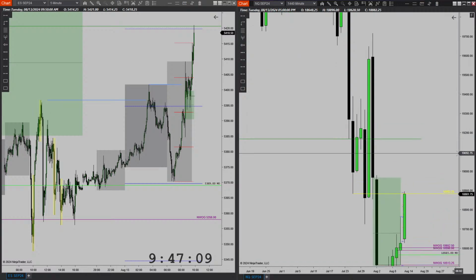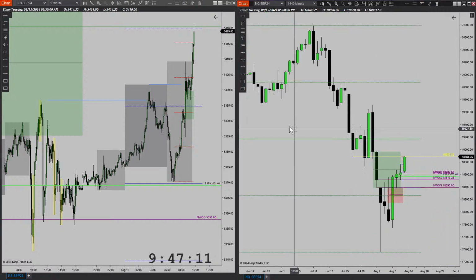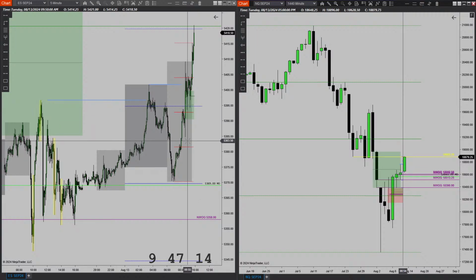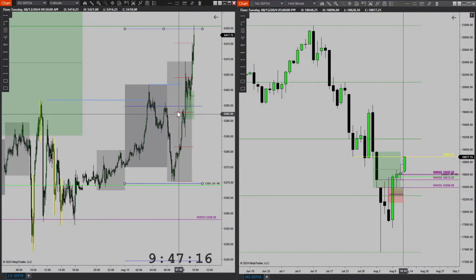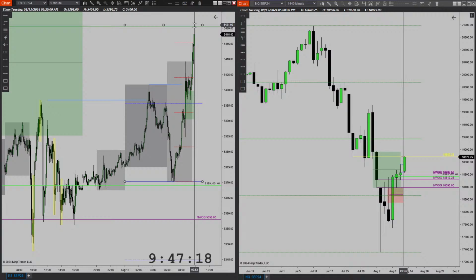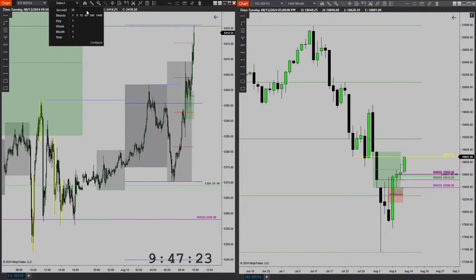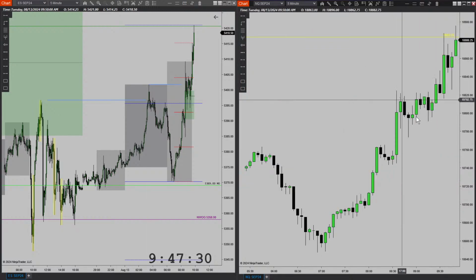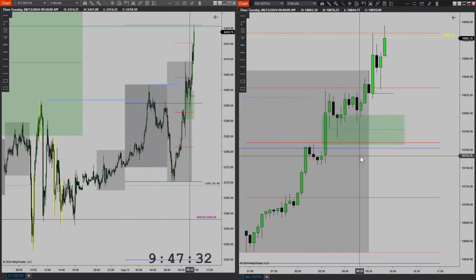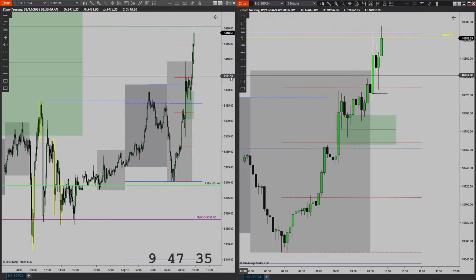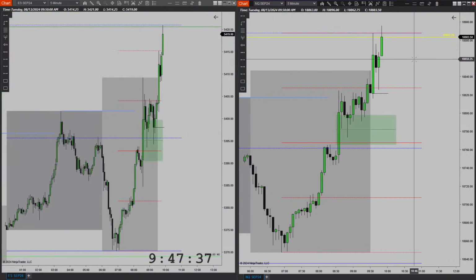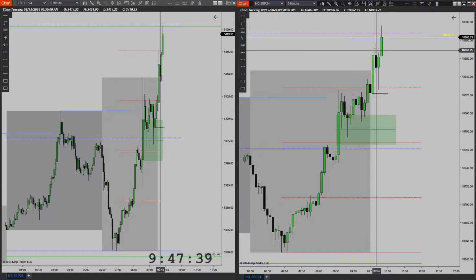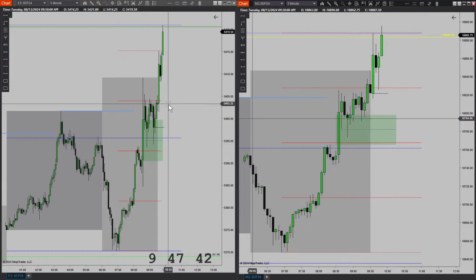Let me just make sure that there is an imbalance. Yep, there is. All right, so again we hit equilibrium on the daily range. So yeah, still watching. No imbalances down here.